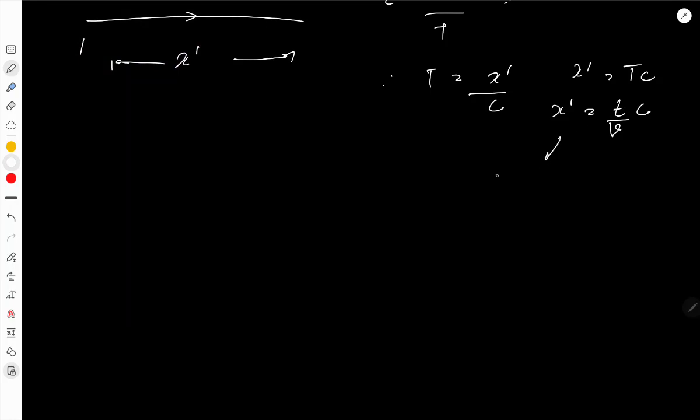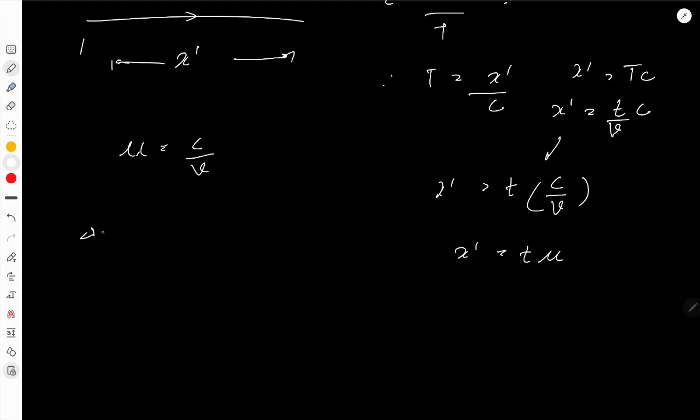So arranging from here, x dash is equal to t into c by v. Now what is c by v? If we remember, mu is equal to c by v. So I write t times mu is equal to x dash. Now the arrangement would be simplified.